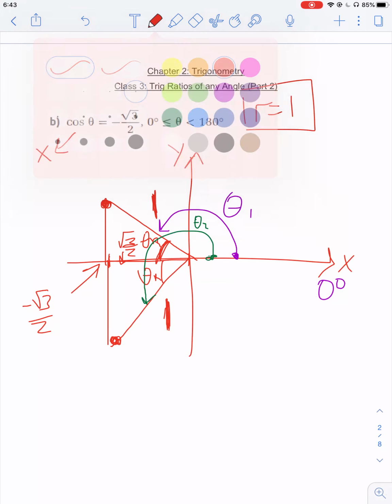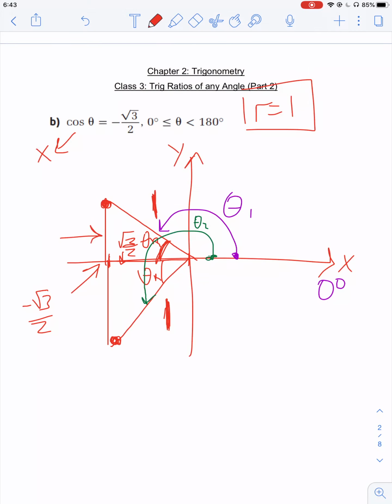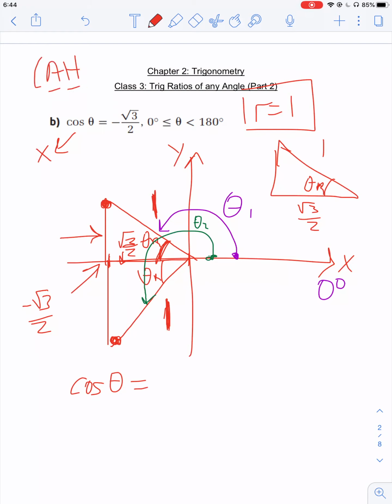So let's just focus on the top triangle, this triangle over here. My hypotenuse is 1. This is my theta r. And my base is square root of 3 over 2, right? If I have two of the sides of the triangle, I can calculate the angle. So I know that cos theta equals, using SOHCAHTOA, cos is adjacent over hypotenuse. So adjacent, which is this side, over hypotenuse.